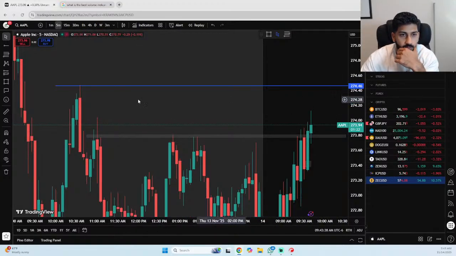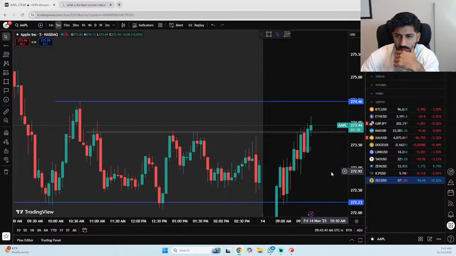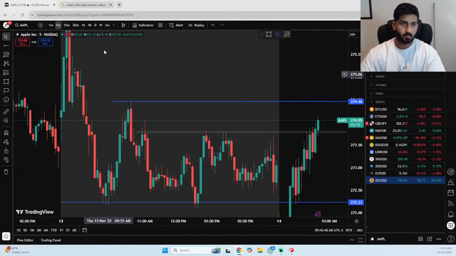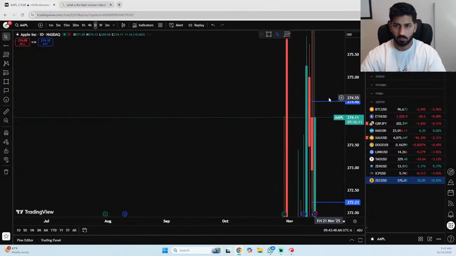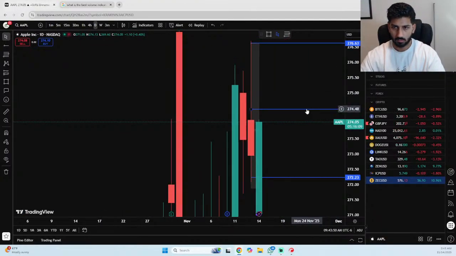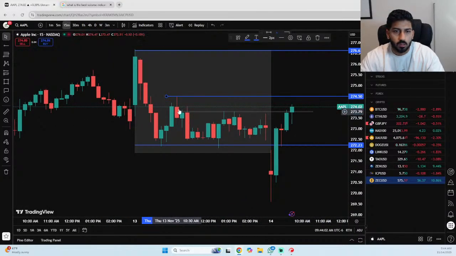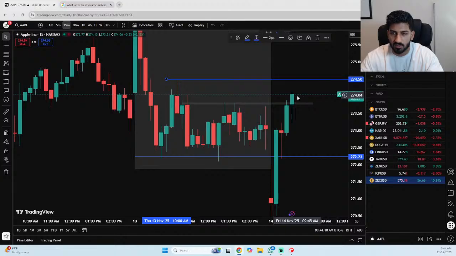I was talking about yesterday's resistance, from 274.50 to 274.04. Like this area here, the candle that we're actually in right now. Yeah, we are in the resistance.